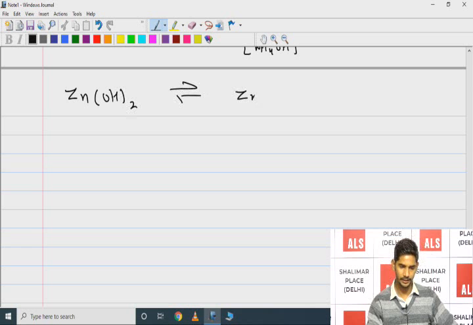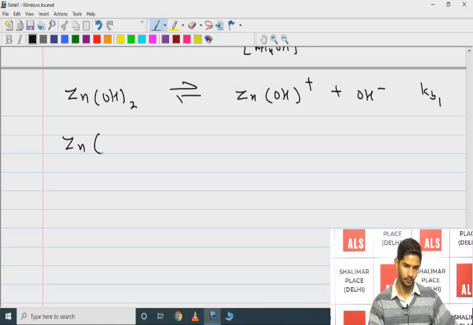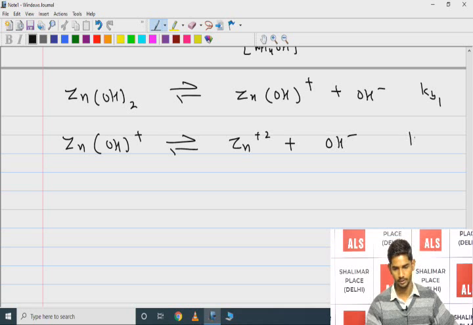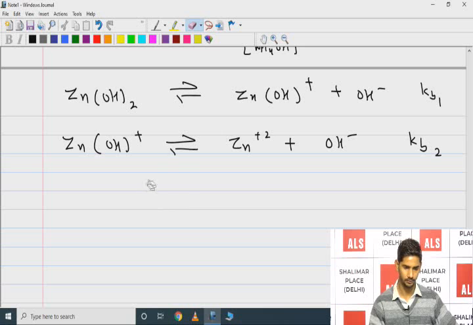It will ionize to give you ZnOH plus and OH minus. For this one we'll define Kb1. When ZnOH plus loses one more OH minus, this one will be Zn2 plus and OH minus. We'll define Kb2, and I'm sure you are clear that Kb1 would be greater than Kb2.